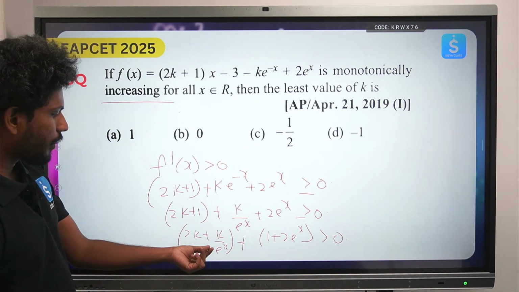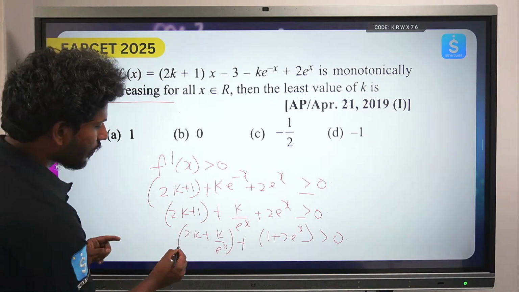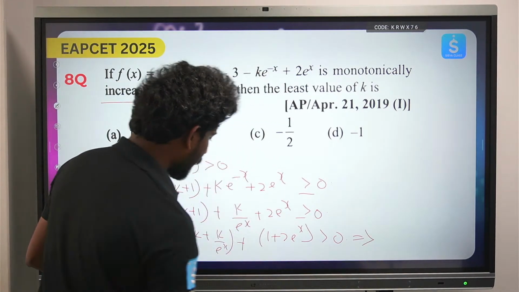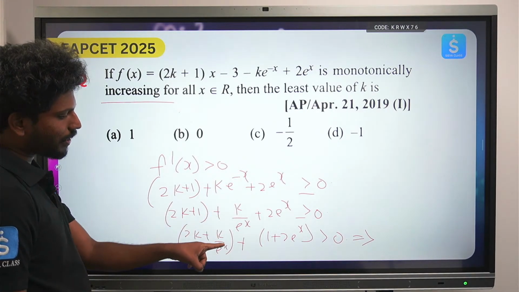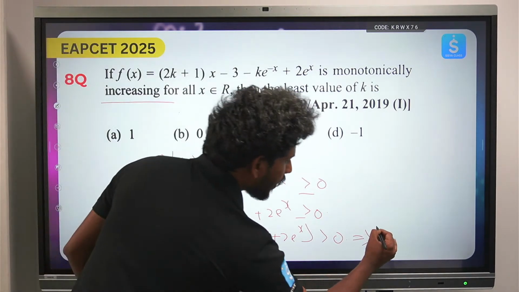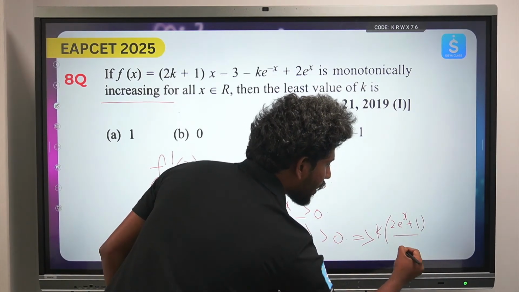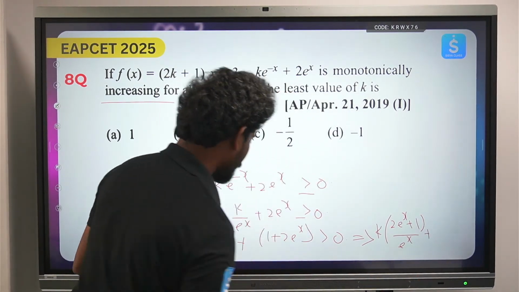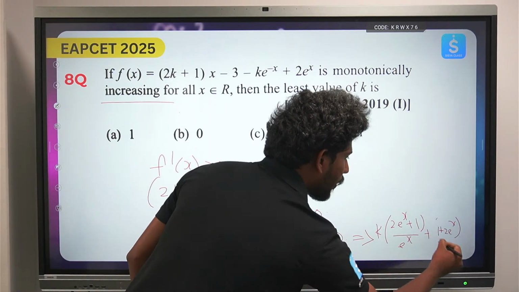Now you can write this as k times 2 e power x plus 1. From here you can pull out the k and write it as 2 e power x plus 1 by e power x. So k into 2 e power x plus 1 by e power x, plus 1 plus 2 e power x.